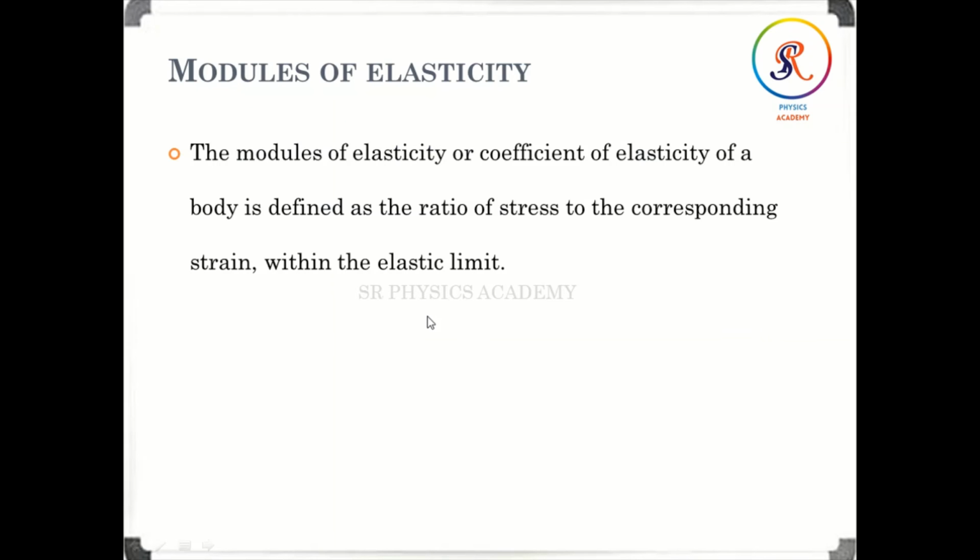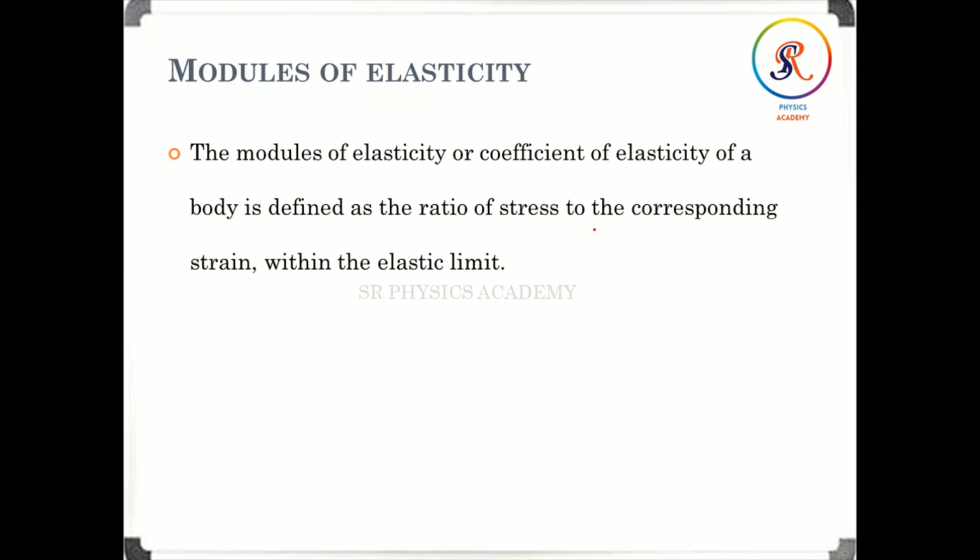Next is modulus of elasticity. What is modulus of elasticity? The modulus of elasticity or coefficient of elasticity of a body is defined as the ratio of stress to the corresponding strain within the elastic limit. That is very important.